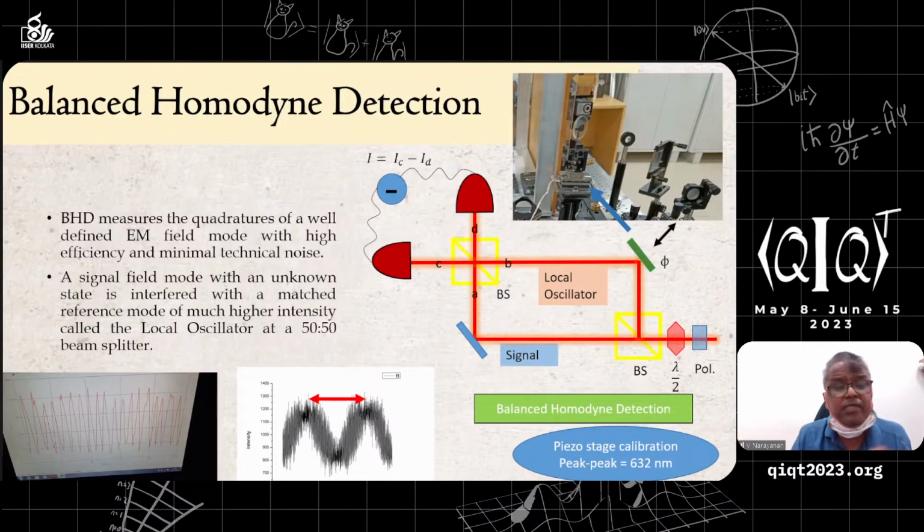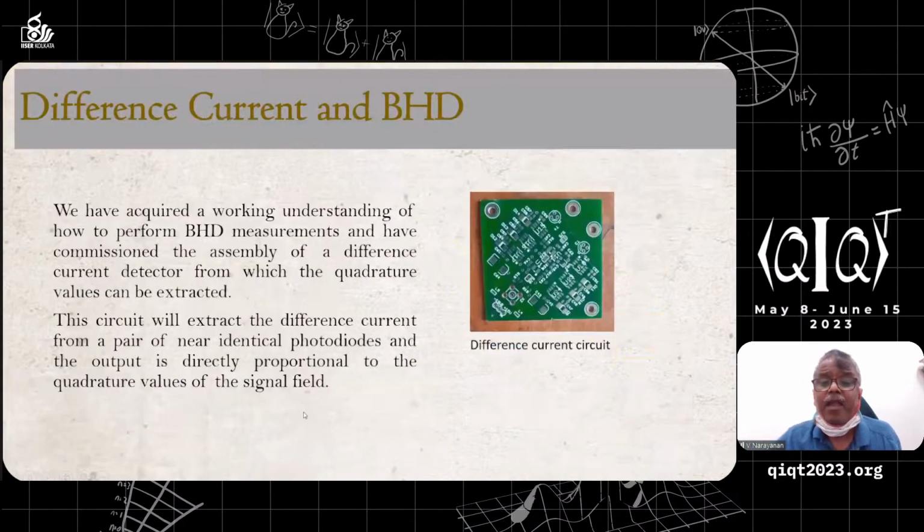This is the challenging task. So now we have more or less developed our own electronic circuits and then calibrated the arm of the interferometer. So the balanced homodyne gives you the quadrature, or the known state in the phase space. This is the differential current circuit, which is developed.